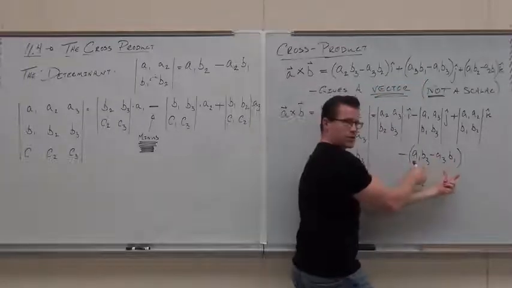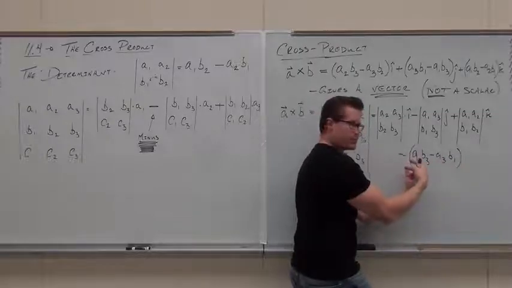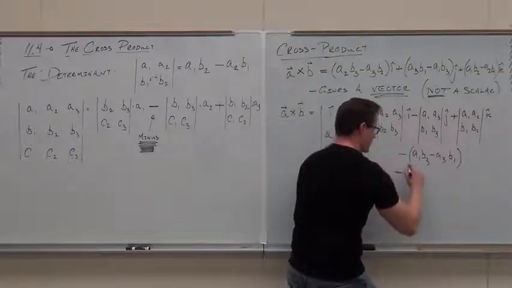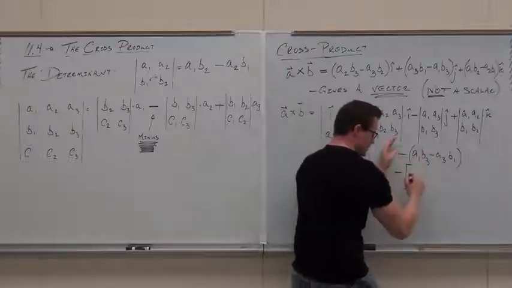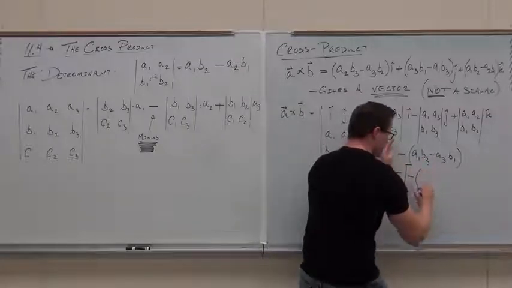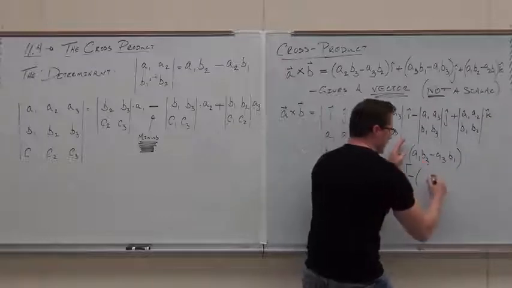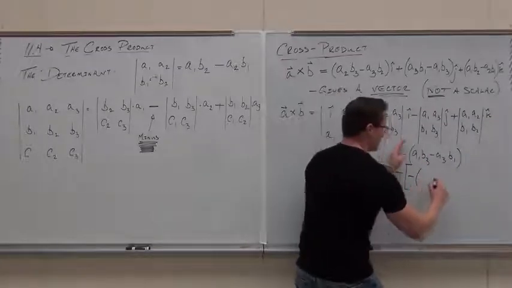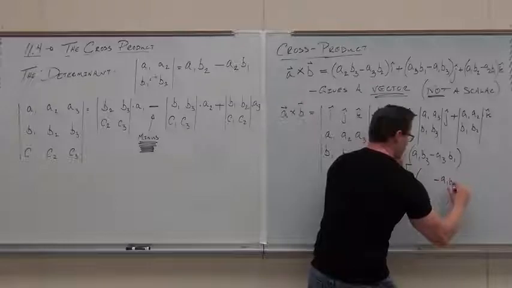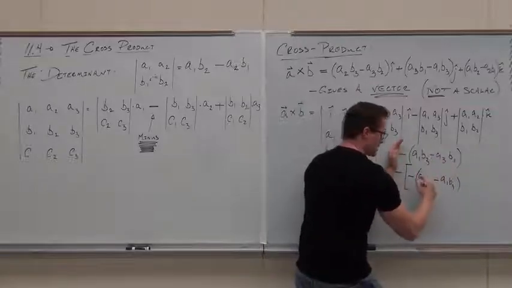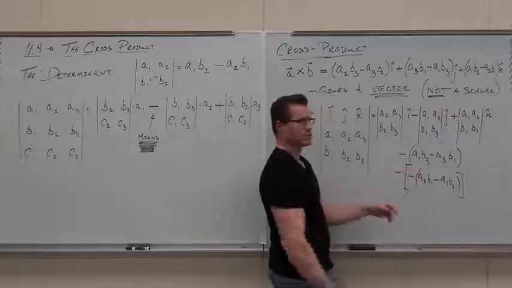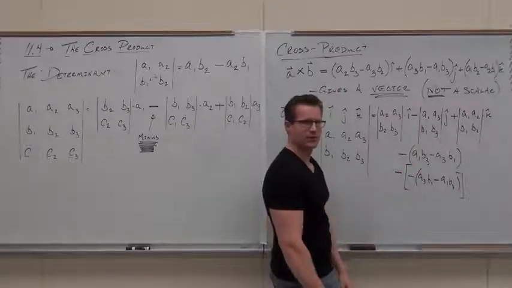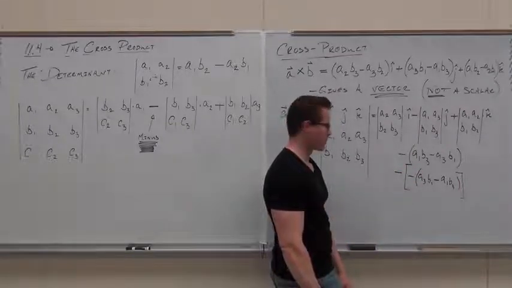If I reverse the order and factor a negative, here's still the minus. Here's the factored negative. This would change to a, let's see, that would change to a negative. This would change to a positive. If you want to just distribute this, am I confusing the heck out of you? No. Yeah.